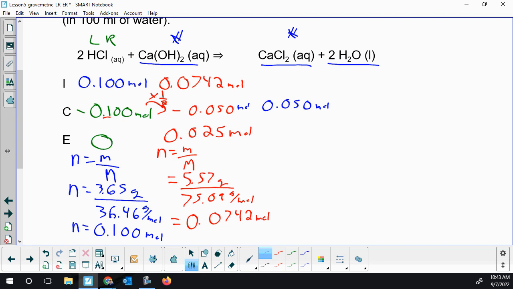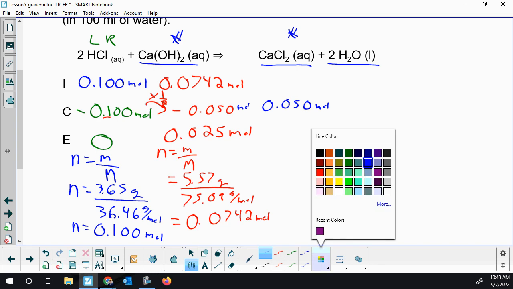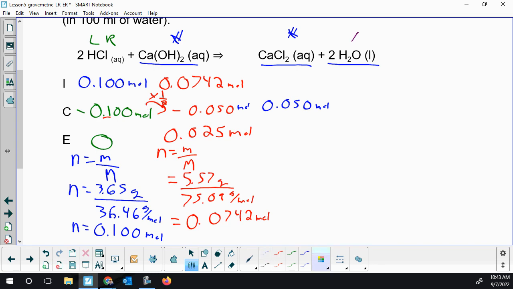If I want to know how much water is made, that's got a 2 coefficient. My limiting reagent has a 2 coefficient, so they'll have the same change. So it's going to be a multiply by 2, divide by 2. So that's a unity ratio. So 0.1 for those 2 columns, so it's going to be 0.1 here.